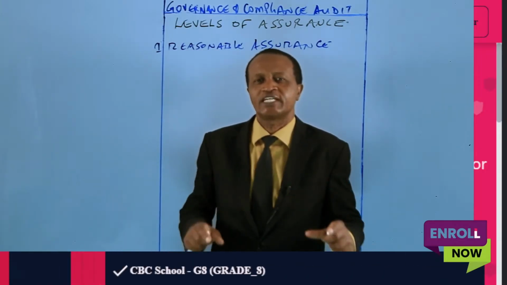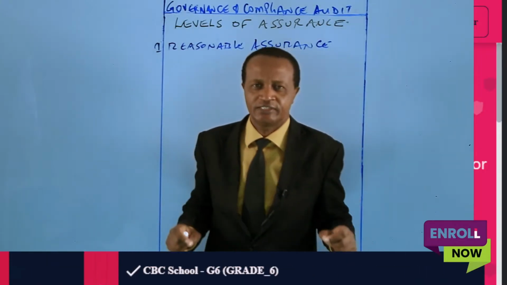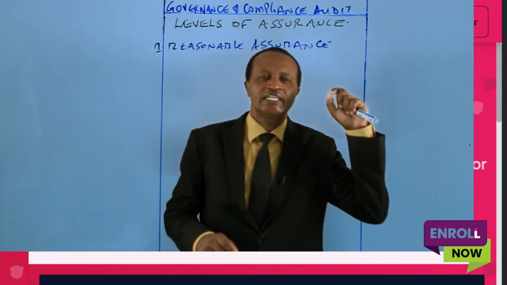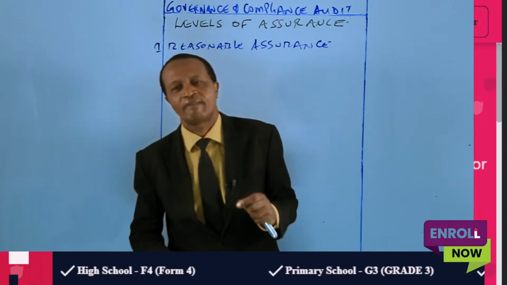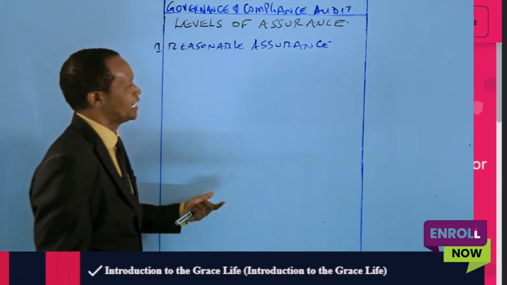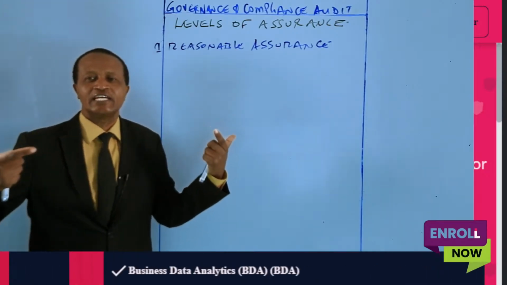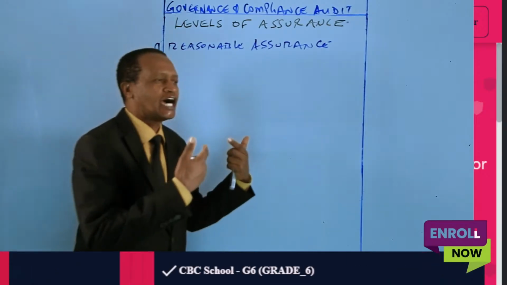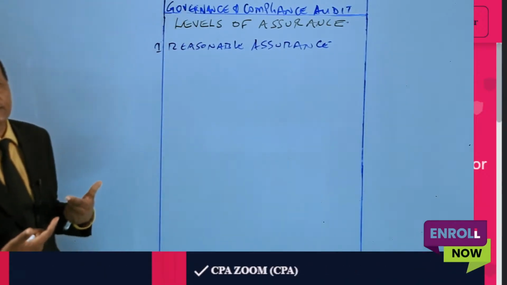And that assurance can be categorized into three: reasonable assurance, limited assurance, and no assurance. We've defined reasonable assurance as high level assurance, but it's not absolute assurance.